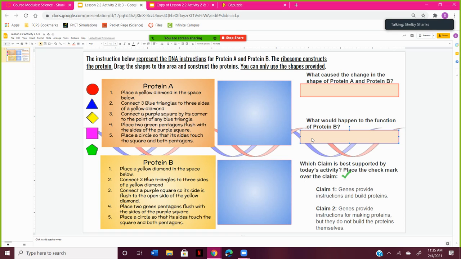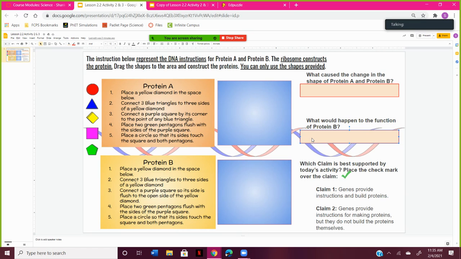You can't say that they have a function. You don't know where this protein exactly is. You can just tell me whether or not protein B is going to have a different function. If they are shaped differently, if they're built differently, does protein B have a different function, or does it have the same function as protein A? That's the question I'm asking.